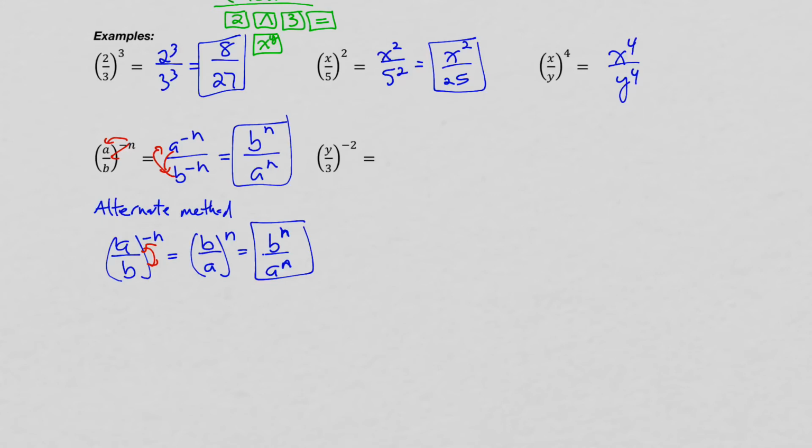So looking at this alternate method for the next one, I can say, well, I know this 3 is going to be up here, and I know the y is going to be down here, and I go ahead and square, 3 squared is 9, and y squared is just y squared.